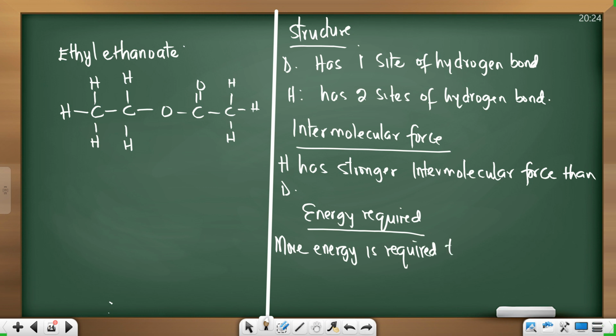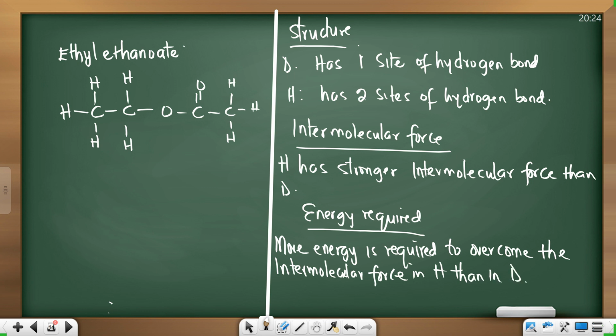More energy is required to overcome the intermolecular force in H than in D. Therefore, the boiling point, make your conclusion.